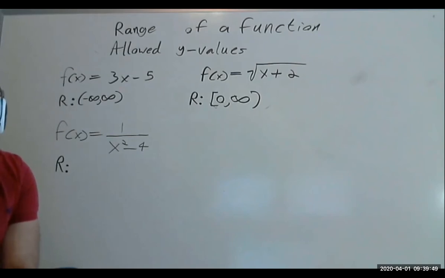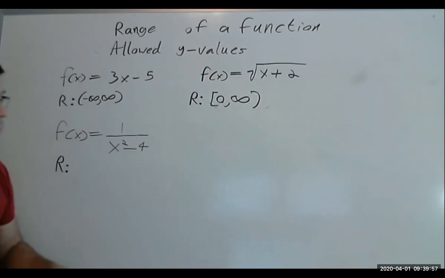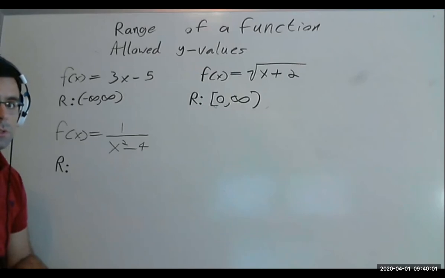Zero. Yeah, so one of them you can never get is 0. So what is the lowest value that you can get?